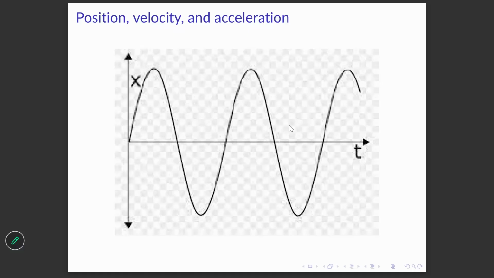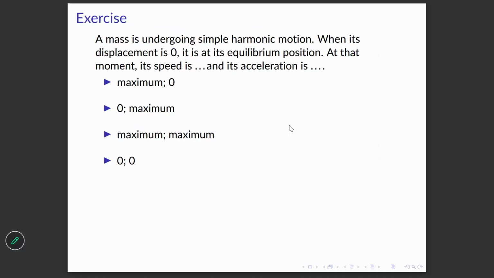If it's not moving and it's not accelerating, then nothing's going to happen. I see a steep slope when I'm passing through 0. What does the slope of position tell us? There's a big speed. Your speed is maximum. What about your acceleration? Are we curving? Your acceleration at that instant is 0. The correct answer here is maximum and 0. First one is correct.